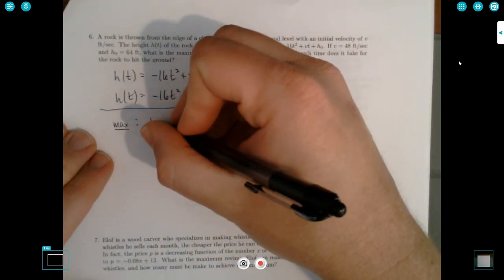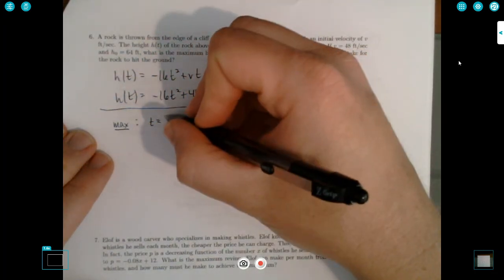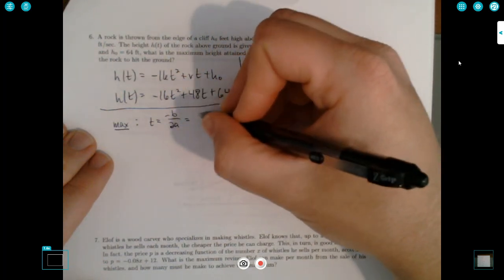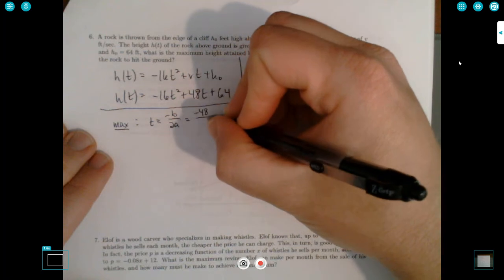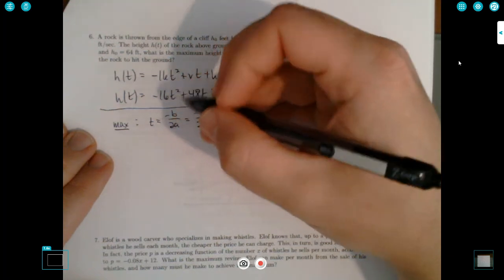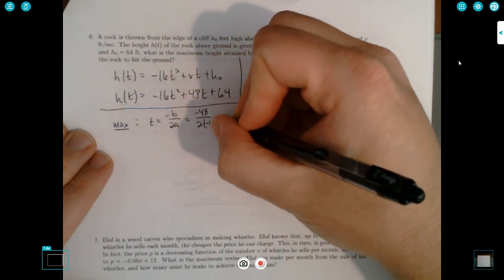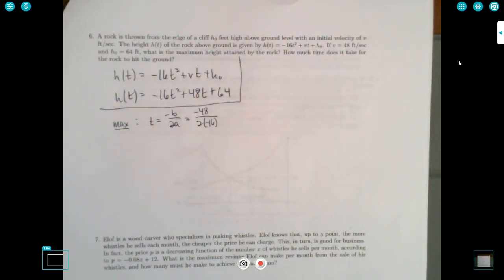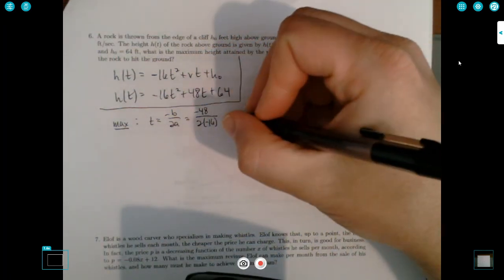So I'm going to say t equals negative b over 2a. That's going to be, b is 48, so negative 48 over 2 times a, which is negative 16. And if I punch that into my calculator, negative 48 over 2 times negative 16. Make sure to put the denominator in parentheses, or otherwise you get the wrong result. But you should get 3 over 2.